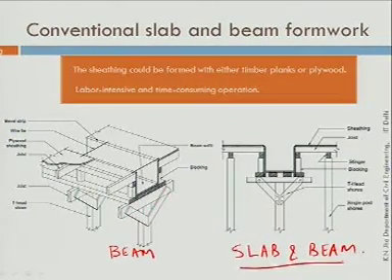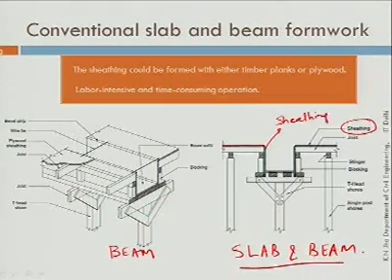You can see some of the components are common here as well, what we have seen in case of wall, column and foundation formwork. So, the member which is in immediate contact with concrete, these are sheathing members. In conventional slab and beam formwork, they are made out of either plywood or you can use even timber planks.